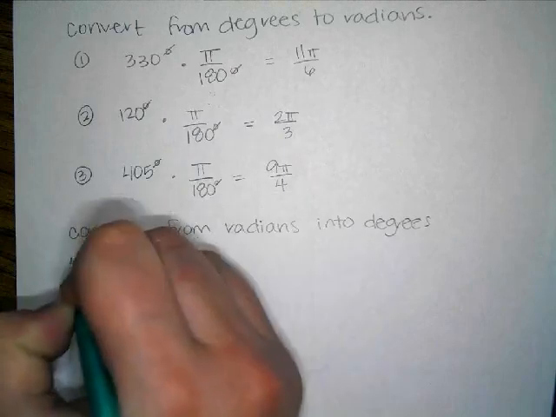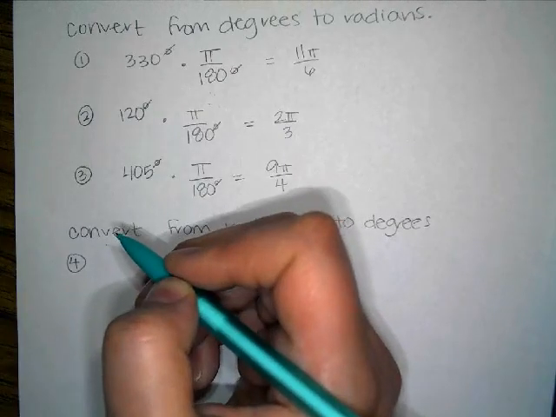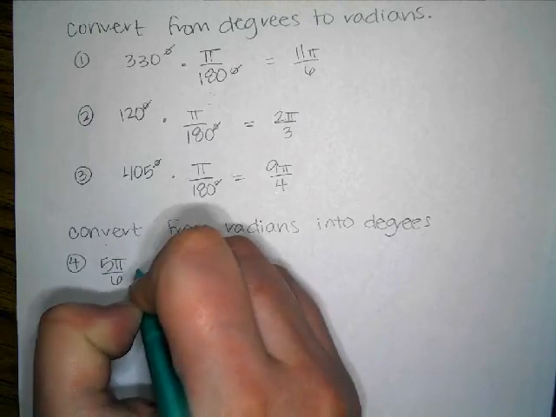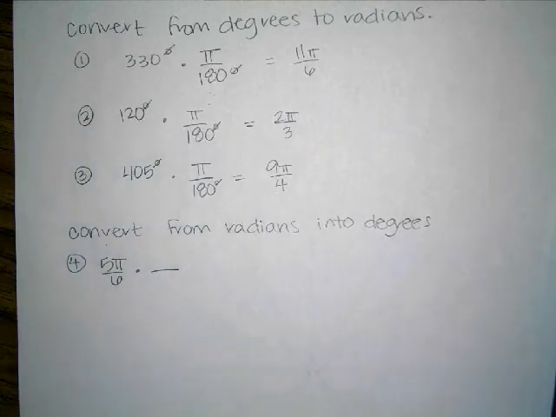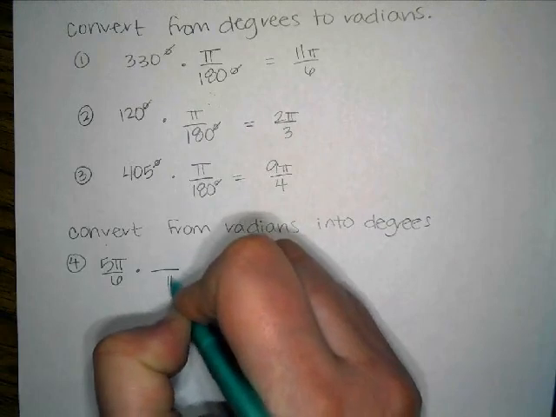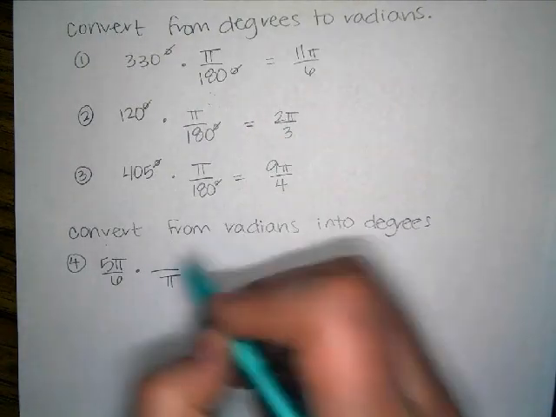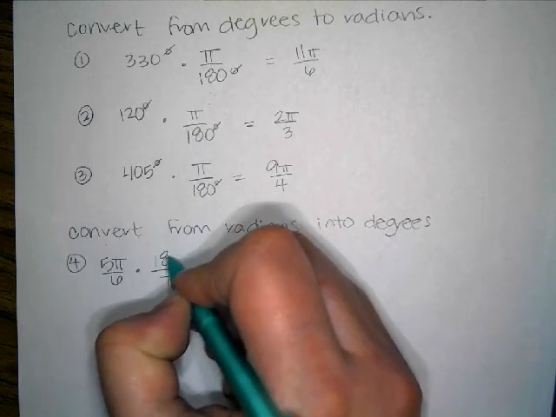I want to choose a fraction that is going to cancel out the pi, and it's going to introduce a bubble. So I'm going to do the opposite version. I'm going to do the one that has a pi on the bottom and a bubble on the top. I want to introduce the bubble, and I want to cancel out the pi. So this one, I'm going to cancel the pi, introduce the bubble.